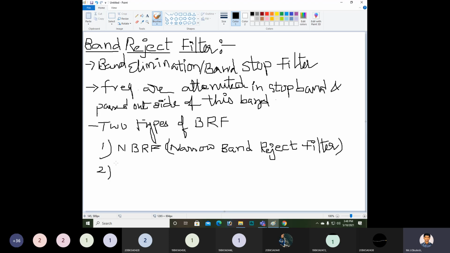Next, the second one, wide band reject filter.